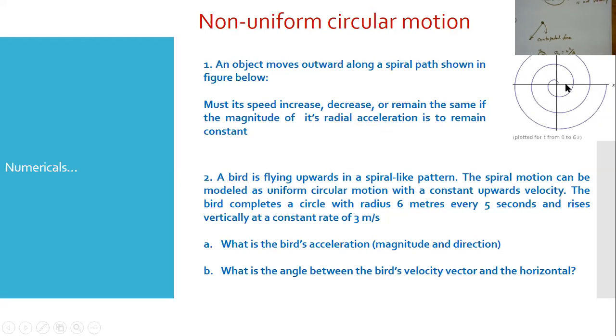So, therefore, radius is increasing. If the denominator is increasing, what should happen to velocity? Velocity should also increase, right? Velocity is increasing in such a way that AR remains constant. So whenever the centripetal force is constant, but still the speed is increasing, then definitely the particle is moving in a spiral motion, right? So this is what you can understand from here.